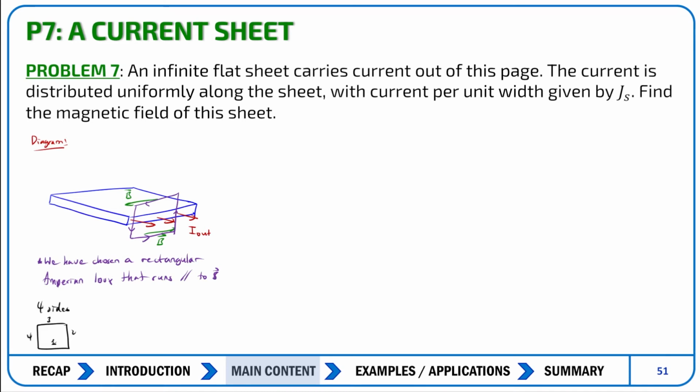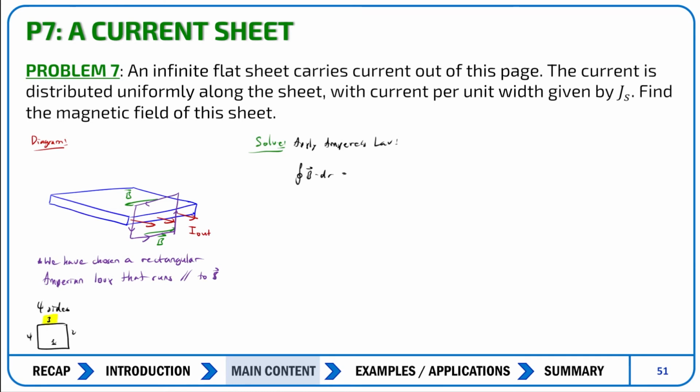We do know that it's going to be an application of Ampere's law. So apply Ampere's law, and we get the integral of B dotted with dr. We have to consider the ones that are parallel.